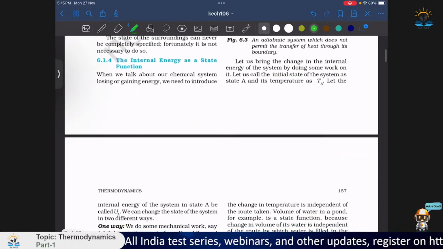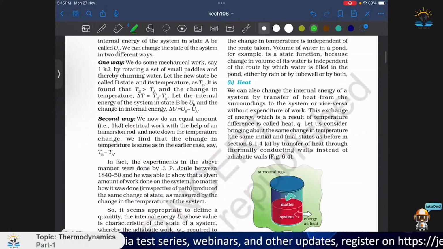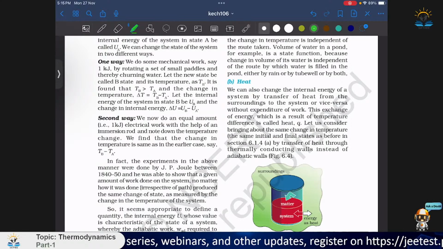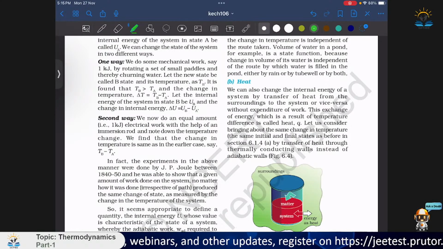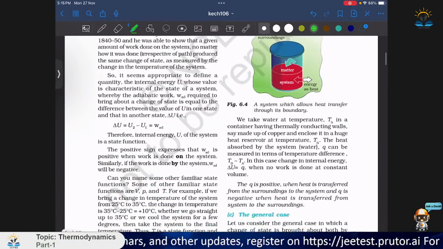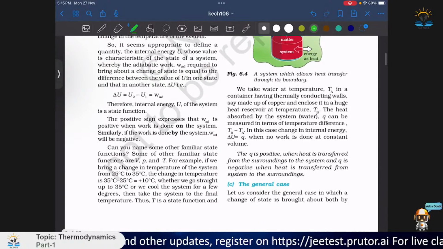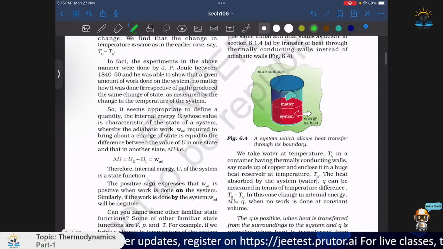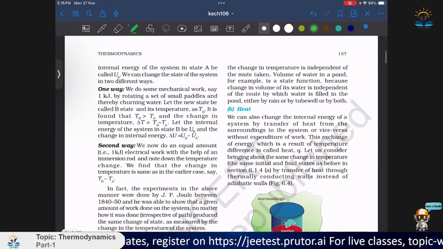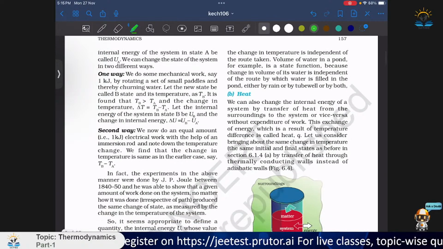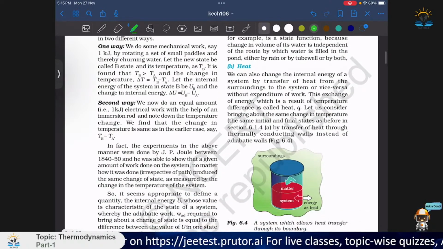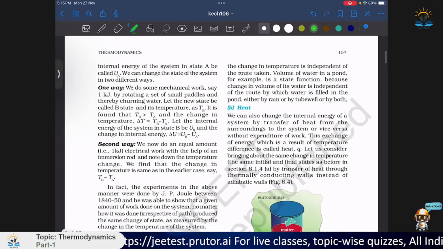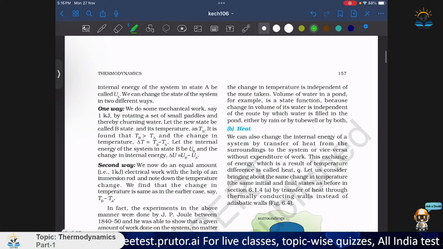So they have changed the ways by which they can do the same amount of work. One way is that they have changed the temperature, and the second way is they have used electric work. In the first, they have used mechanical work.